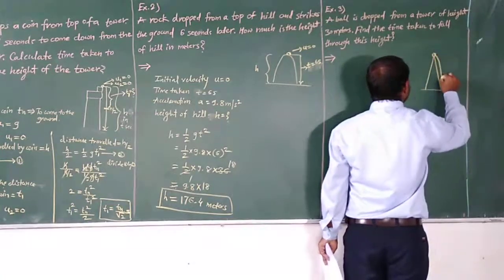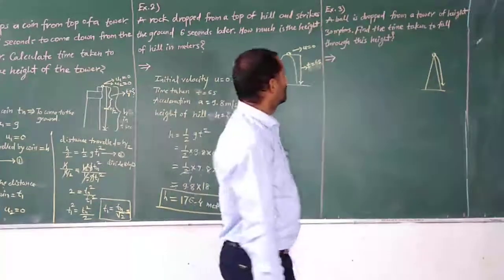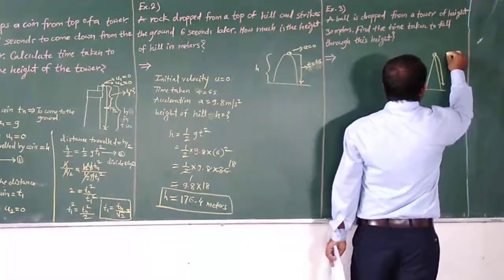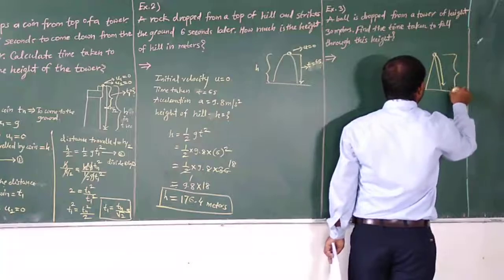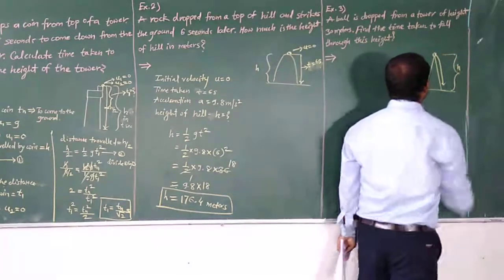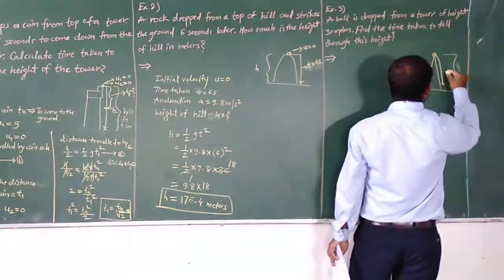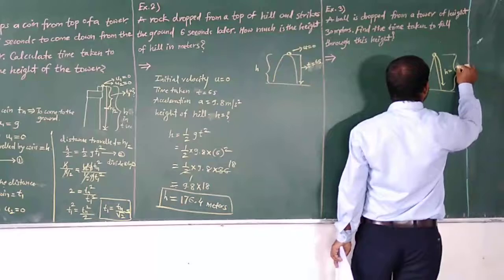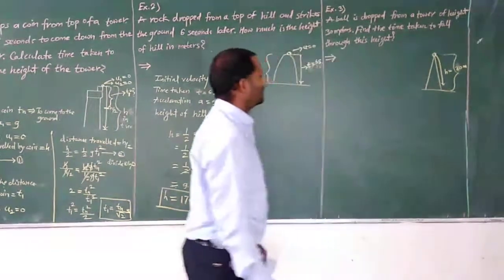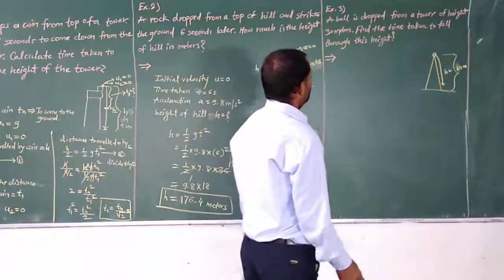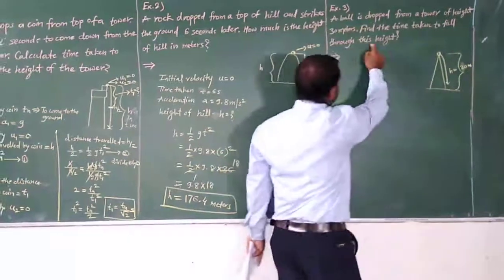This ball is dropped from the top of this tower. इथून इथपर्यंत जे अंतर आहे त्याला आपण h म्हणतो, height of the tower, and h is given. तर मी इथं लिहितो h is equal to 30 meters. तर आपल्याला काय फाइंड करायचं आहे, find the time taken to fall through this height.